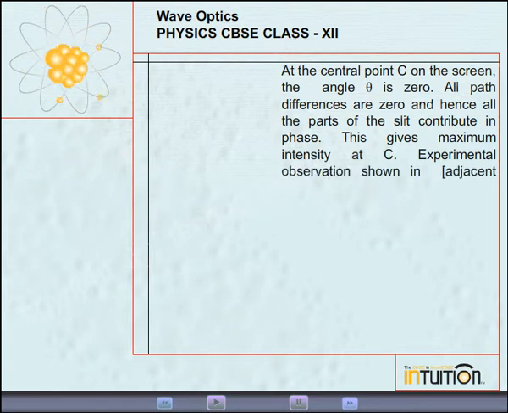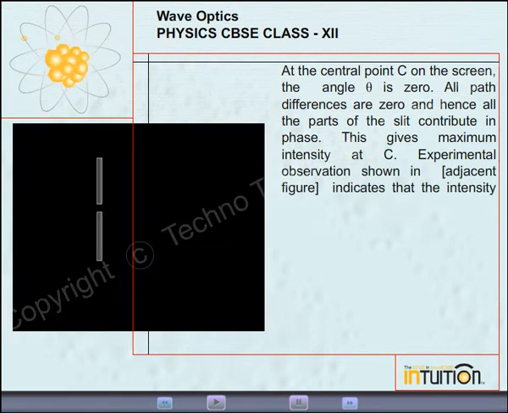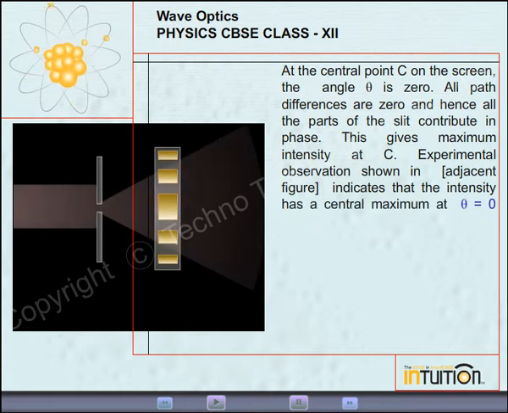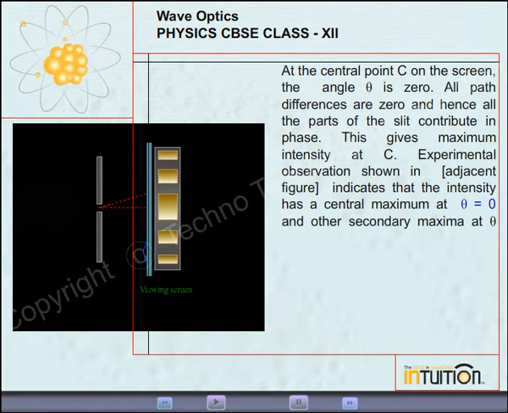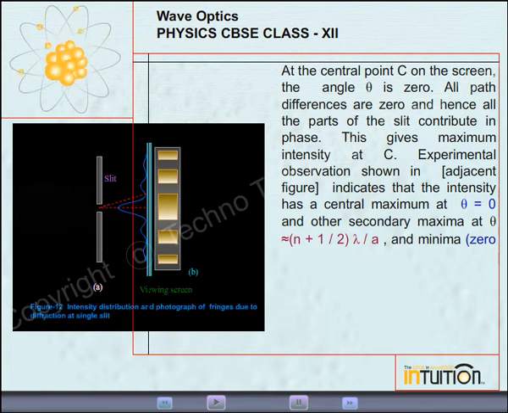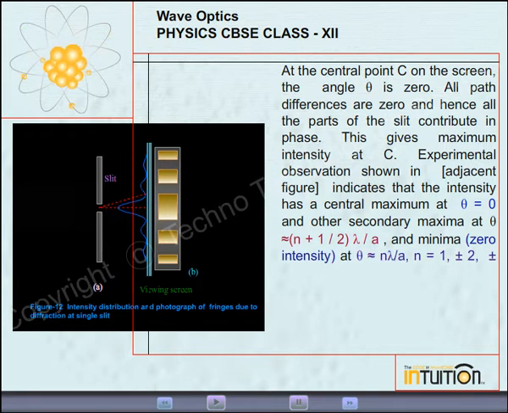Experimental observation, shown in the adjacent figure, indicates that the intensity has a central maximum at theta equal to 0 and other secondary maxima at theta approximately equal to (n plus 1/2) lambda by a, and minima of zero intensity at theta approximately equal to n lambda by a, where n is equal to plus or minus 1, plus or minus 2, plus or minus 3, and so on.